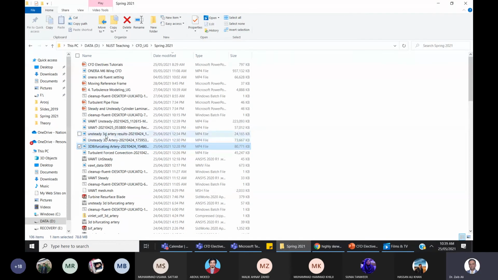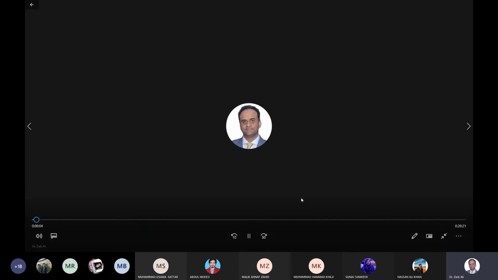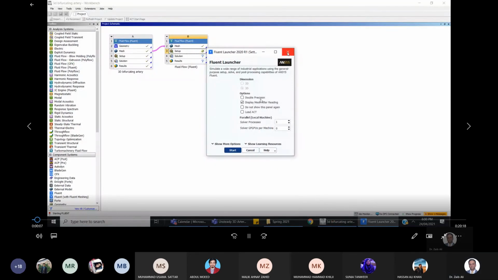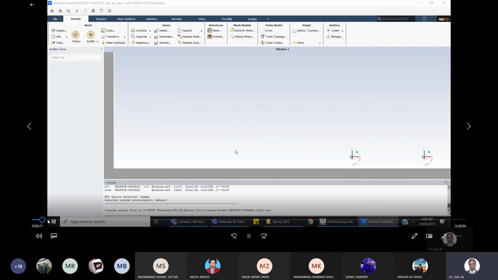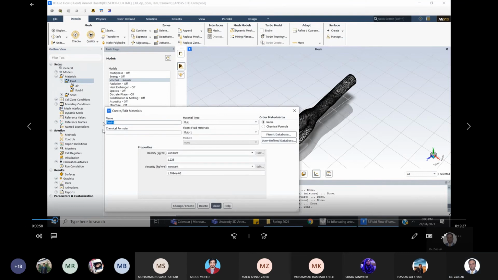And quickly, I just want to mention what is the difference from the steady simulation. So same mesh, same conditions, but there are a few modifications. Here the material properties are more advanced, more realistic. You can follow it.